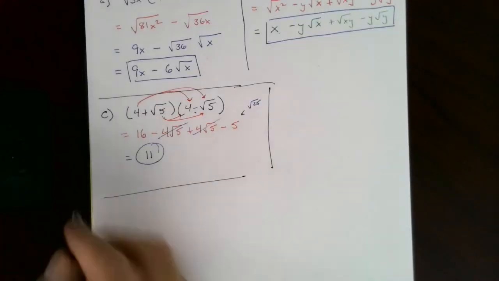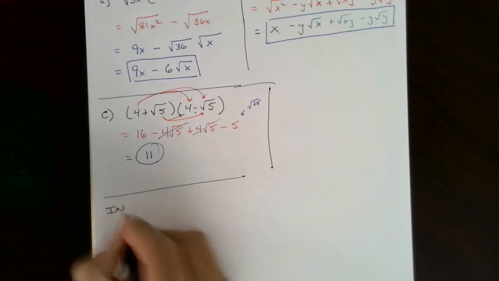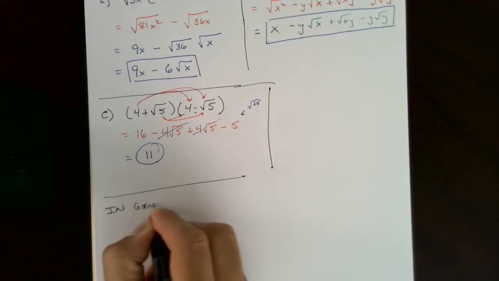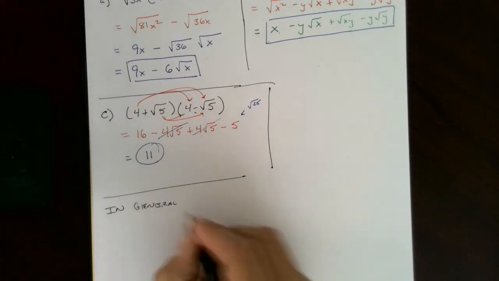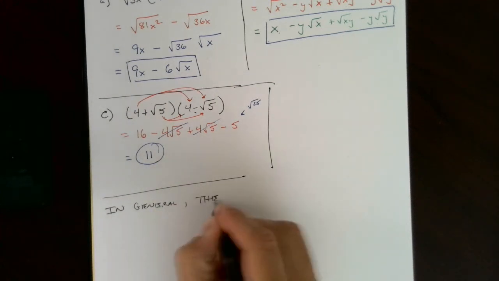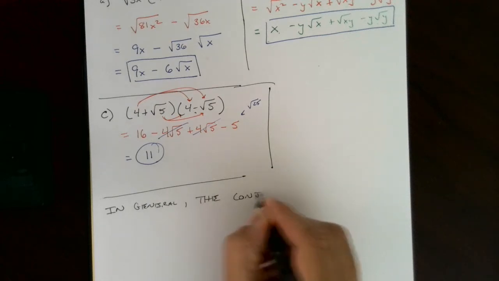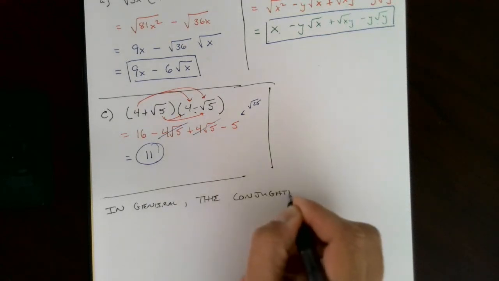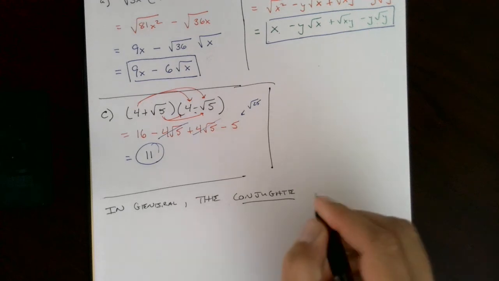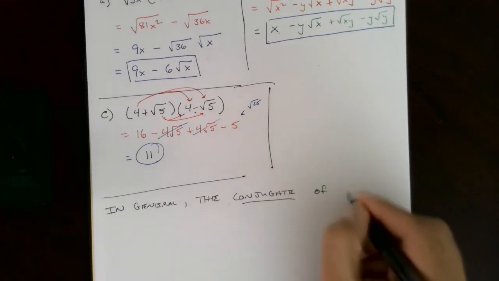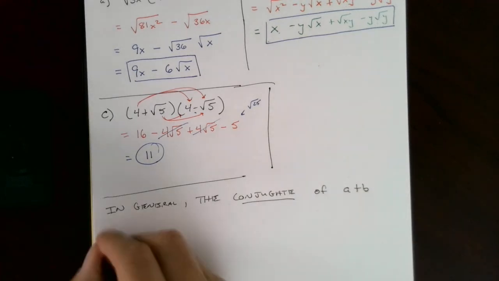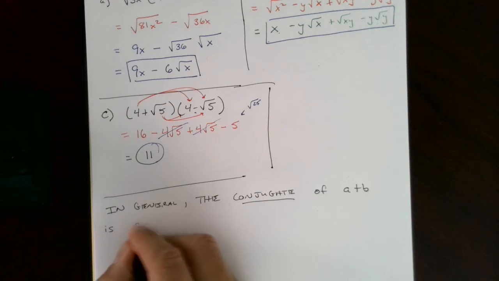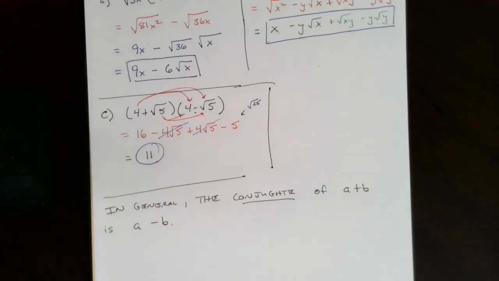So in general, the conjugate of A plus B, right, if you have two terms being added together, is the same two terms but subtraction. So it is A minus B.